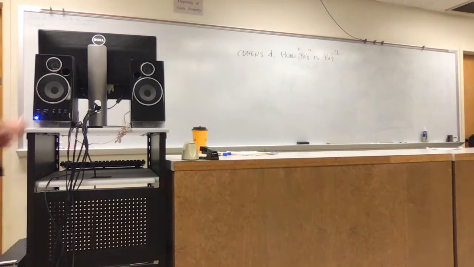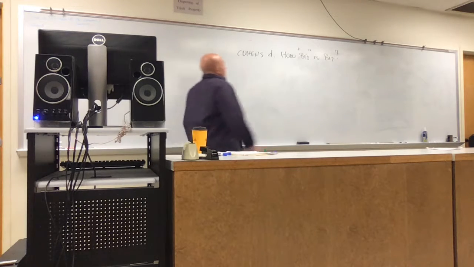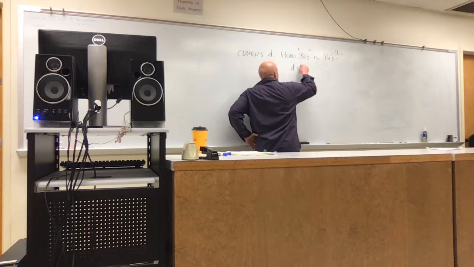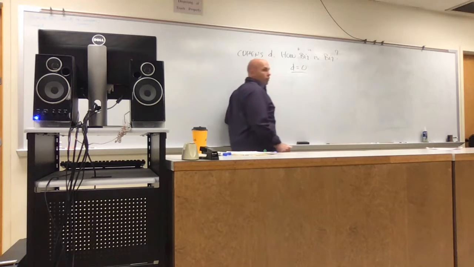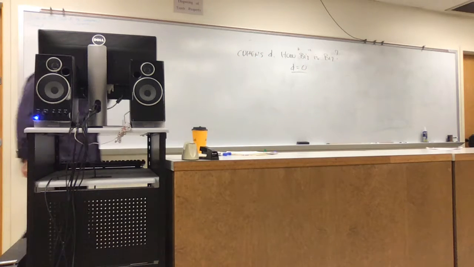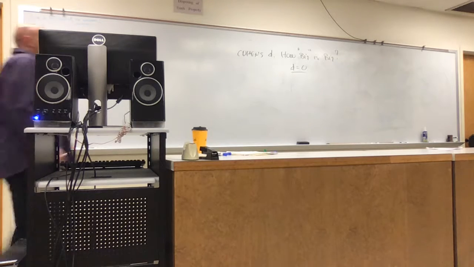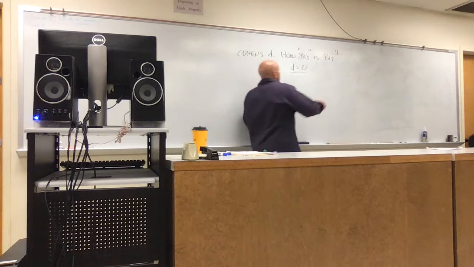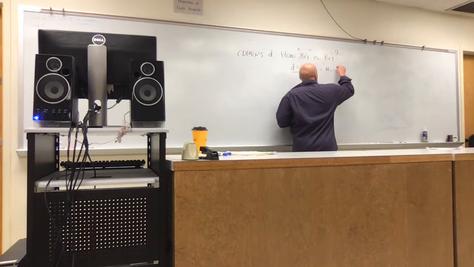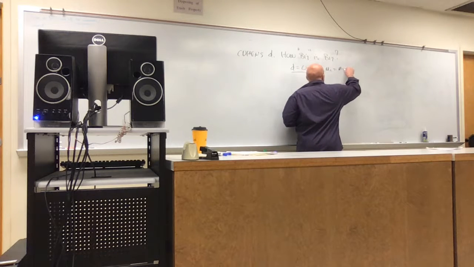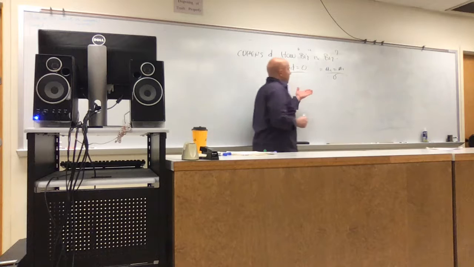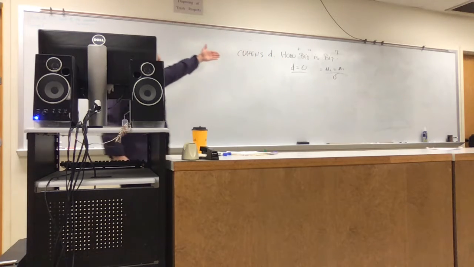Well, let's think of some scenarios here. Let's take care of the first case: your Cohen's d is equal to 0. What's that telling you? Well, you have nothing going on in the numerator.